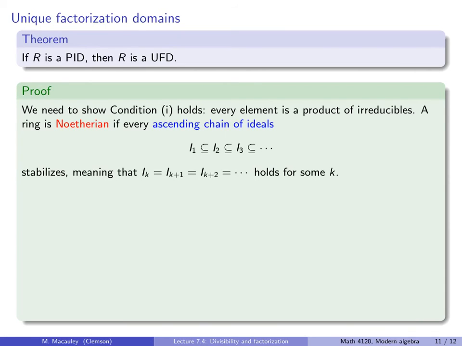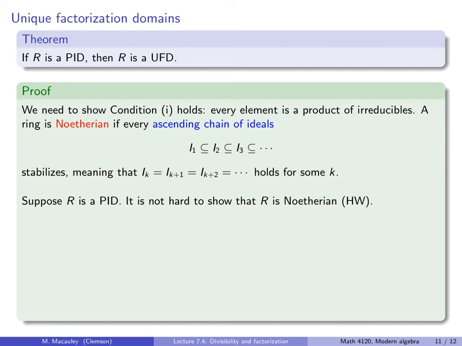This is something named after the German mathematician Emmy Noether. And this says a ring is Noetherian if every ascending chain of ideals, so that means I1 is contained in I2, which is contained in I3, and so forth, eventually stabilizes. In other words, for some k, Ik equals Ik plus 1 equals Ik plus 2, and so forth.